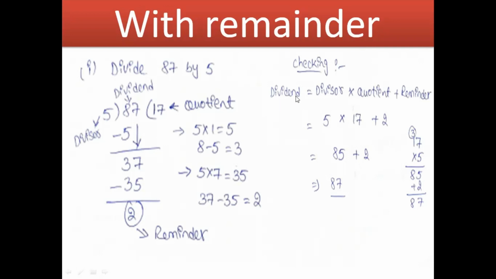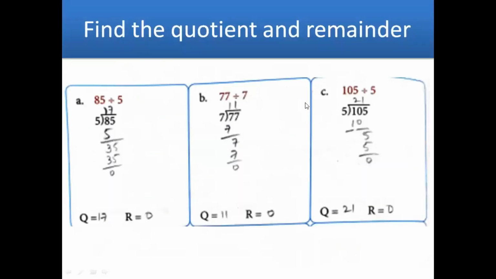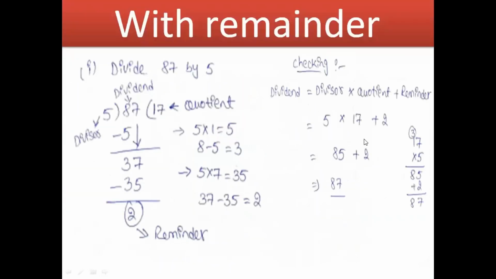Now check it. Dividend is equal to divisor into quotient plus remainder. 5 is divisor, 17 quotient plus 2 is remainder. 17 into 5, how much? 5 sevens are 35. 3 carry over, 5 down, 5 ones are 5 plus 3, 8, so 85.